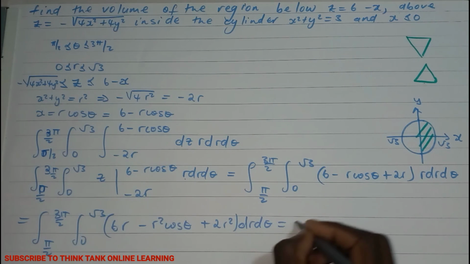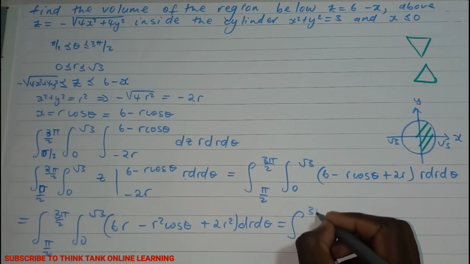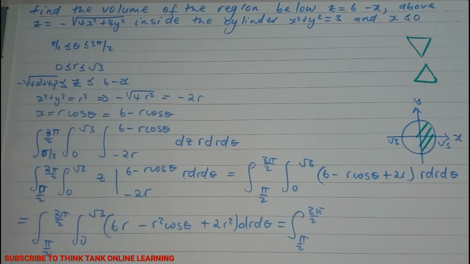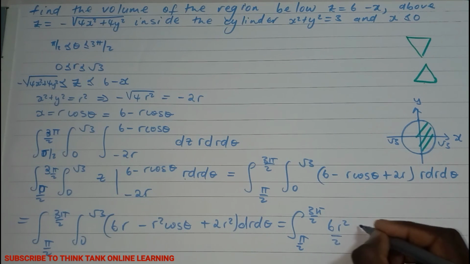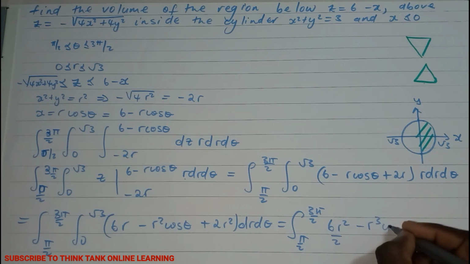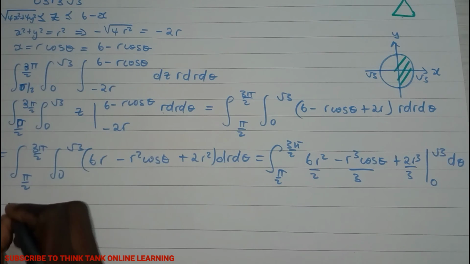Now let's integrate with respect to r, from pi upon 2 to 3 pi upon 2. I'm going to have 6r squared over 2 minus r cubed cos theta over 3, plus 2r cubed over 3, with the radius ranging from 0 to root 3, and we have d theta.